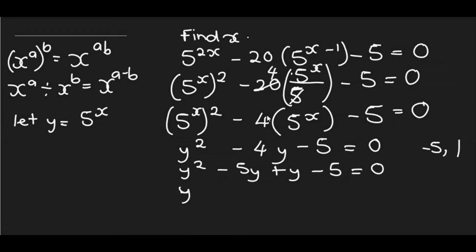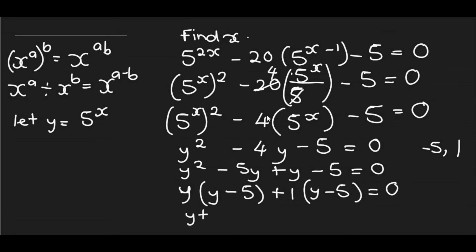We factor out y: y into y squared, we get y, and y into minus 5y, we get minus 5, bracket, plus, we factor out 1, then into y minus 5, bracket, is equal to 0. So now we have y plus 1 into y minus 5 is equal to 0.